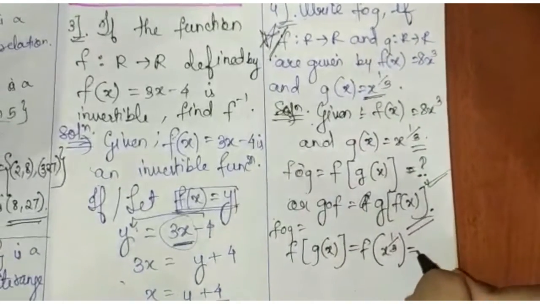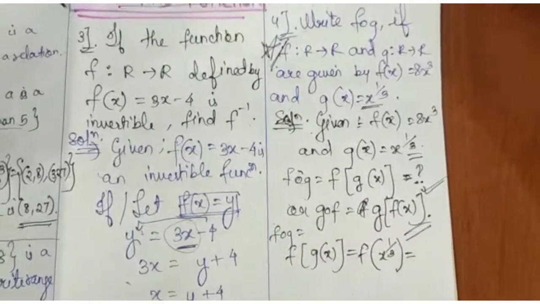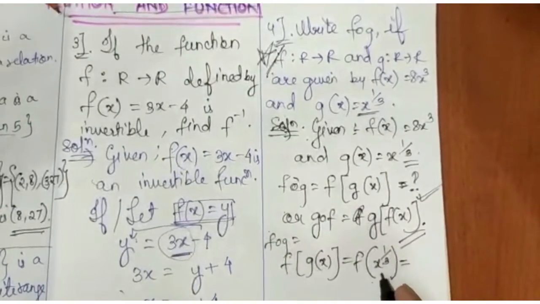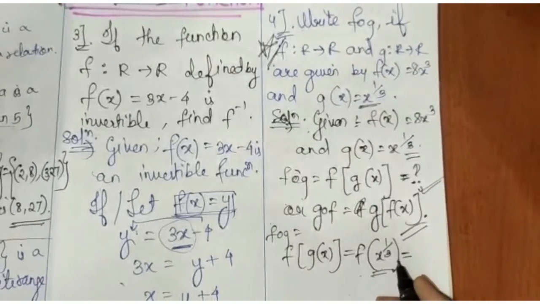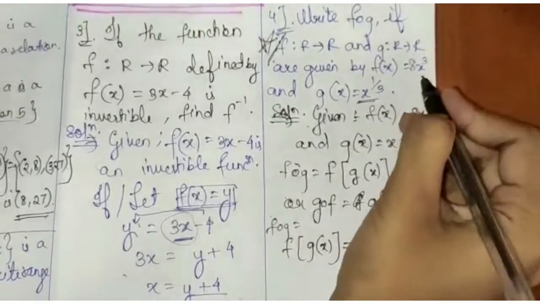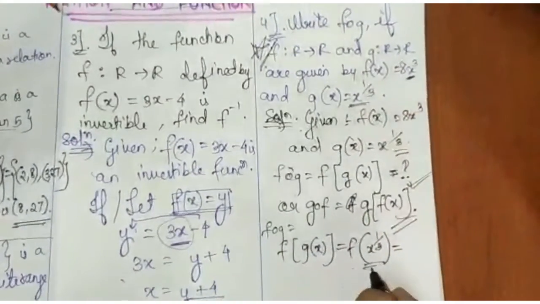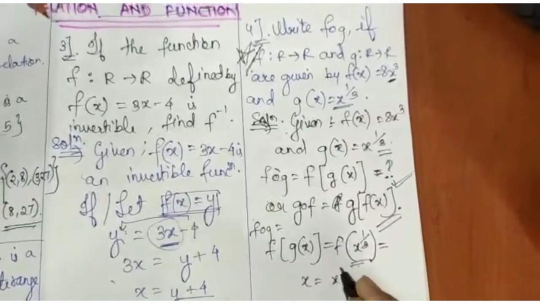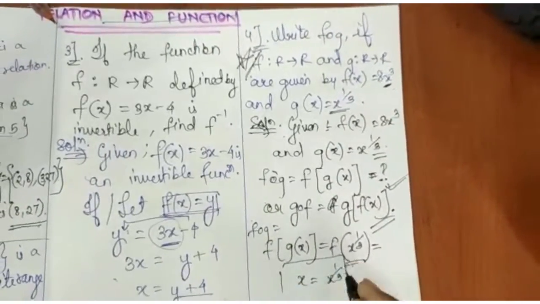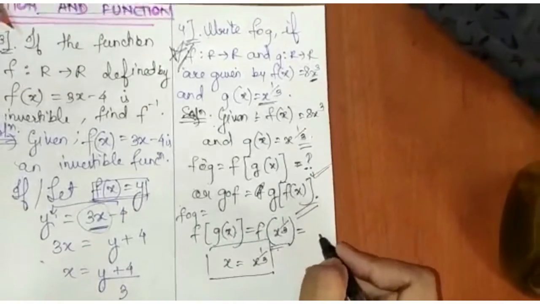Now observe, this is a very important step. This is f of x raised to 1/3. That means in f of x, in place of x, you have to put this value. So now the value for x is x raised to 1/3. So what will it become?